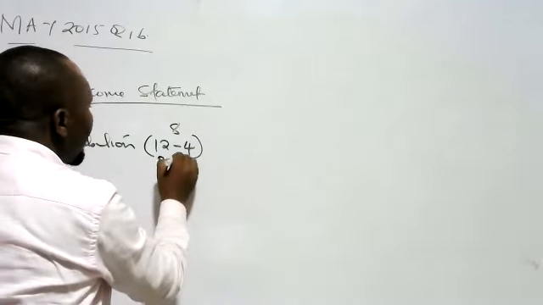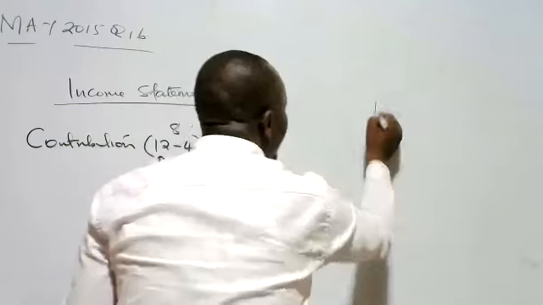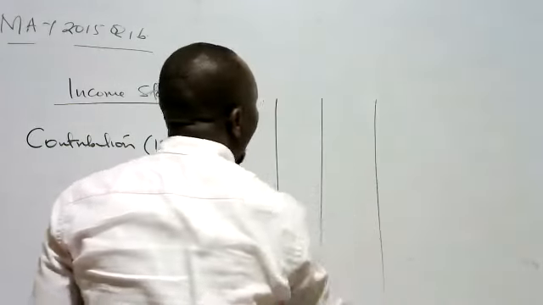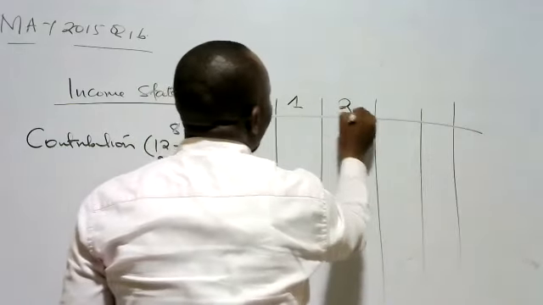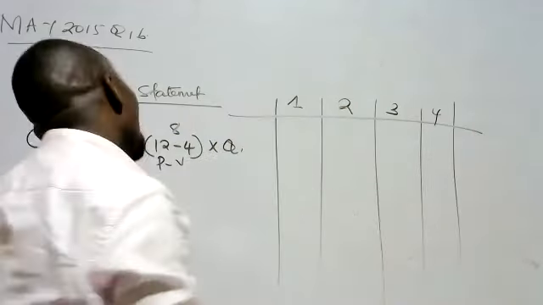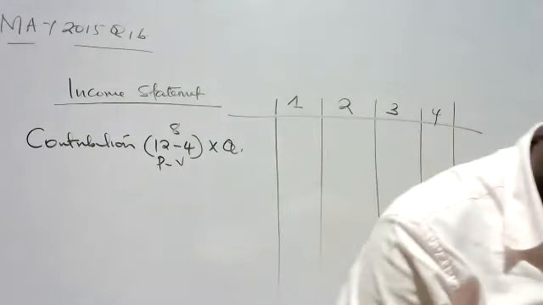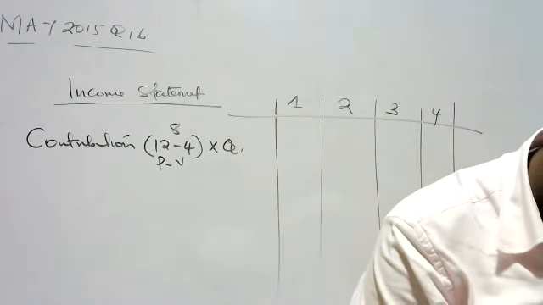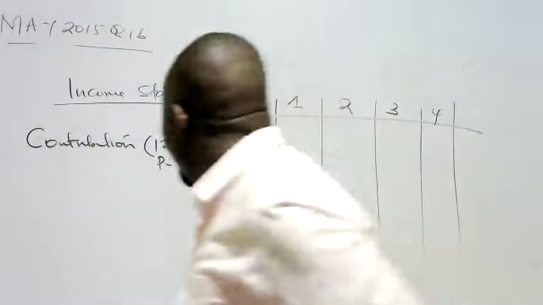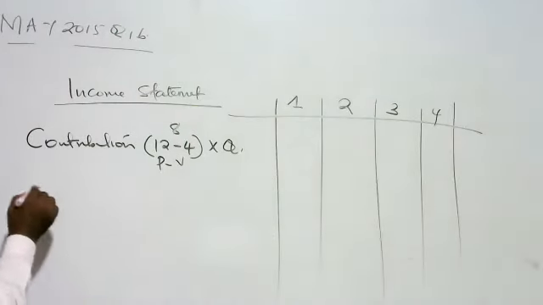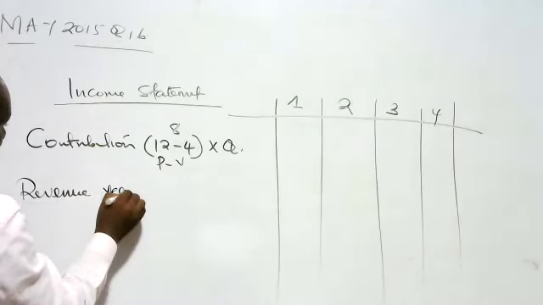This one is like price minus V times the quantity. So for each year, we can now get it, because the quantities are different. So for year 1, 2, 3, and 4. Quantity in year 1, you're given there 500,000. So 500,000 times 8. Let me write it in a way that you understand.